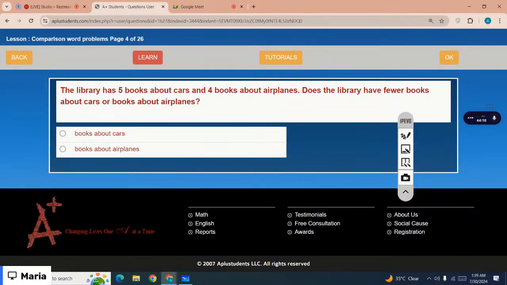The library has five books about cars and four books about airplanes. Does the library have fewer books about cars or books about airplanes? Which is the correct option?